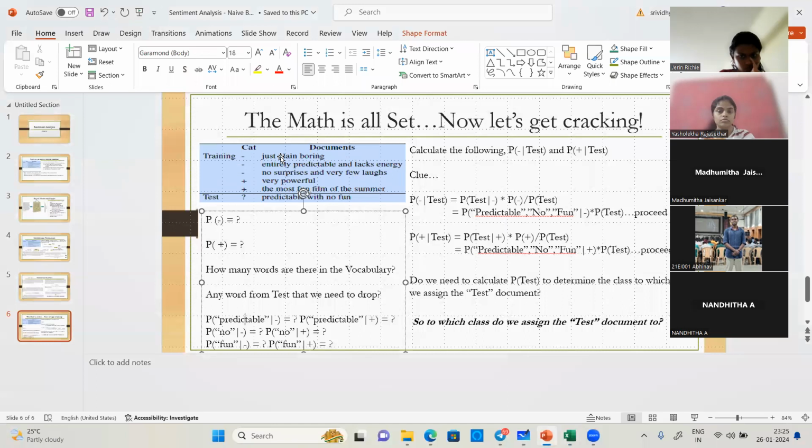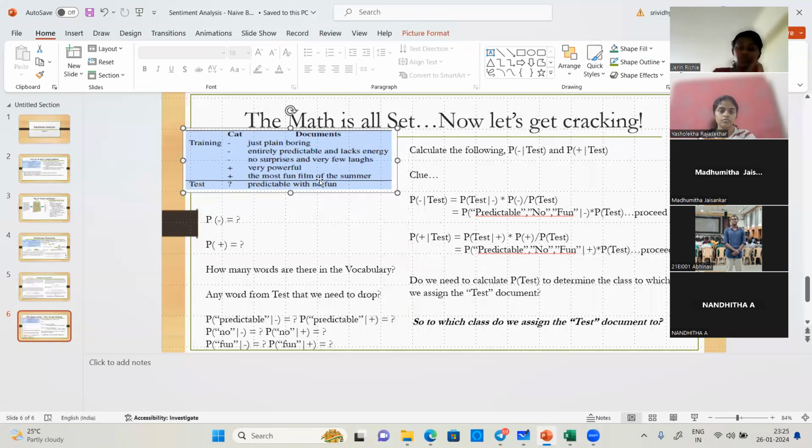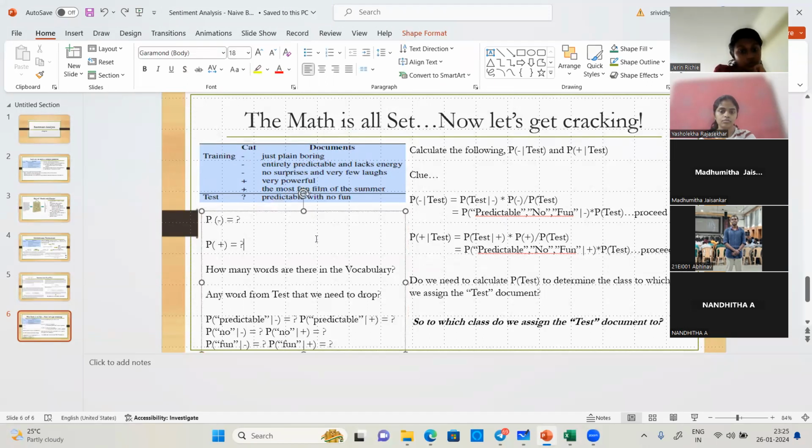Okay. Now, before we proceed, sorry. We need to determine the probability of predictable given negative class. Okay, that's what we're going to figure out. Now here, okay, forget Laplace smoothing.